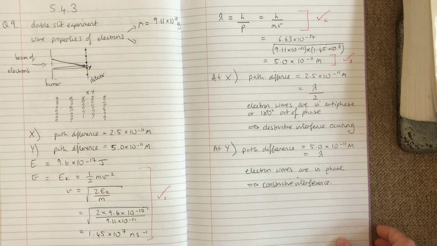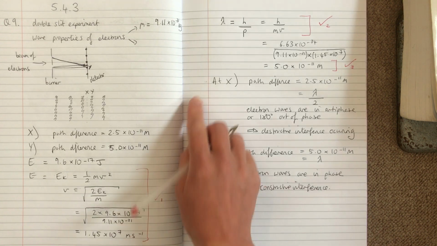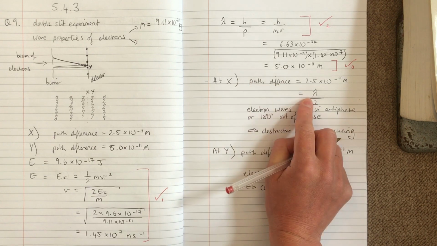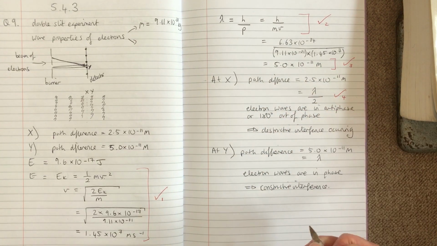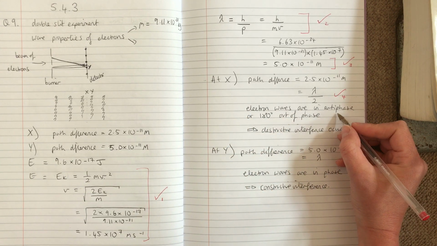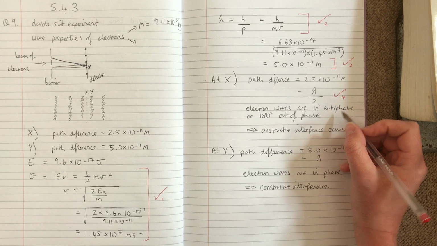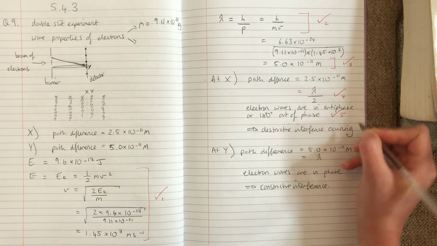The fourth mark is for working out that at X the path difference is half of this calculated wavelength. The fifth mark is for realizing that a path difference of half a wavelength means that they are 180 degrees out of phase.